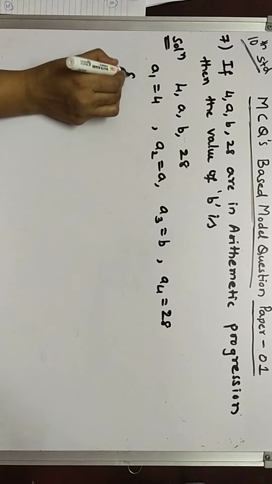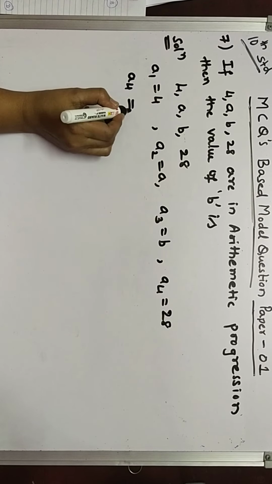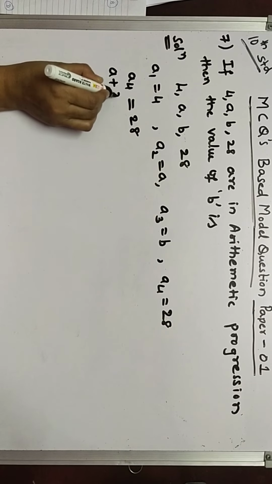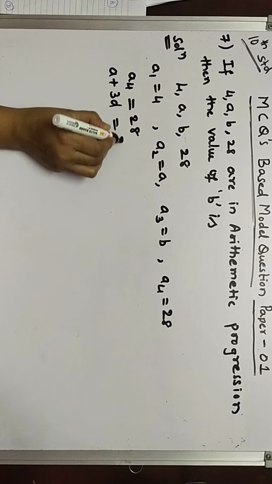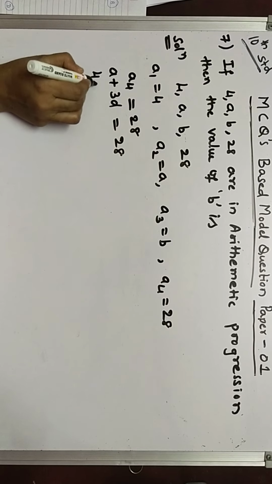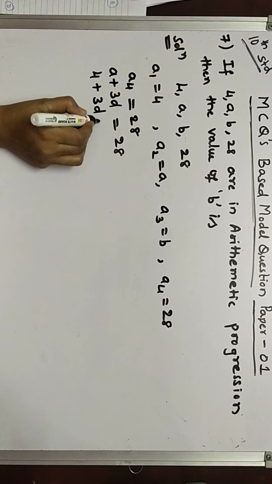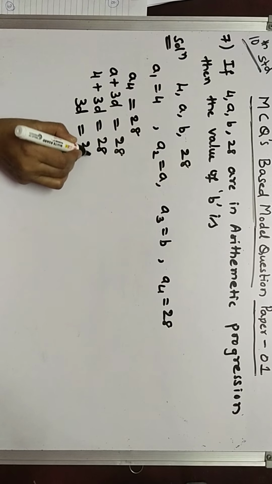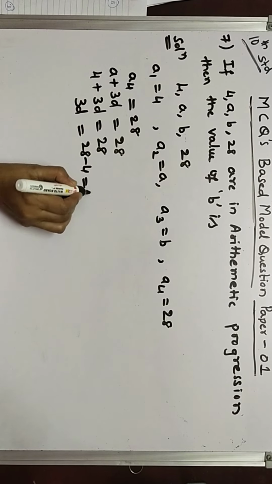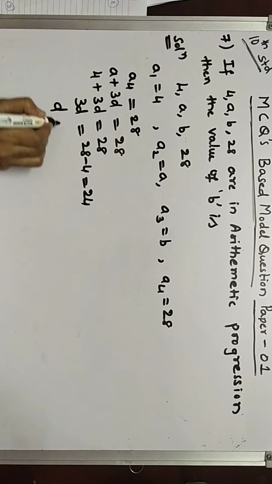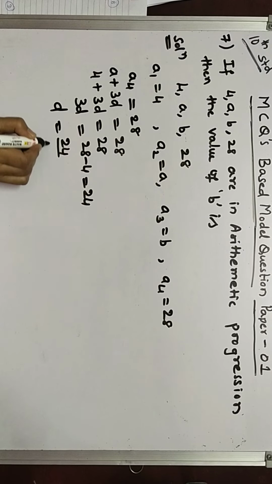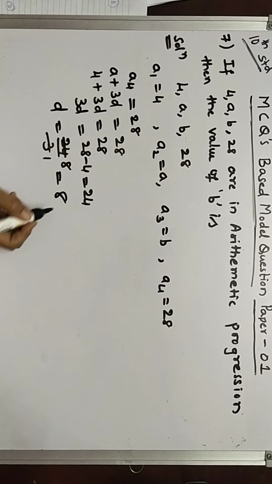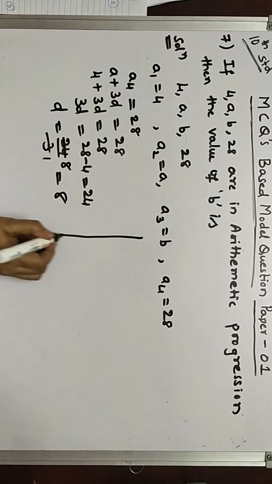So you use A4 to find the common difference. A4 means a plus 3d is equal to 28. a is 4, so 4 plus 3d equal to 28. 3d is equal to 28 minus 4, that is equal to 24. Then d is equal to 24 by 3, which is 8. The common difference is 8.